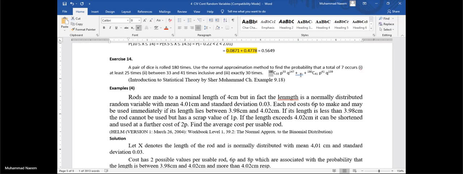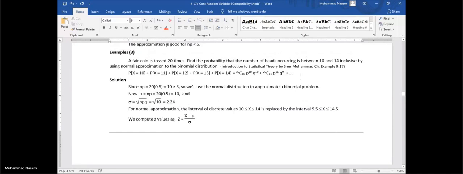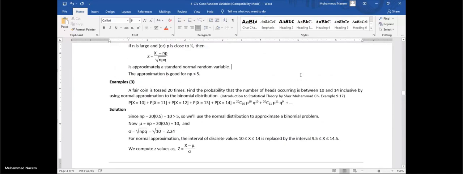So for this purpose, for example, here in this example, a fair coin is tossed 20 times. What is the probability to get number of heads from 10 to 14? If we solve this problem with the help of binomial, we will add the probability for x equal to 10, 11, 12, 13 and 14.